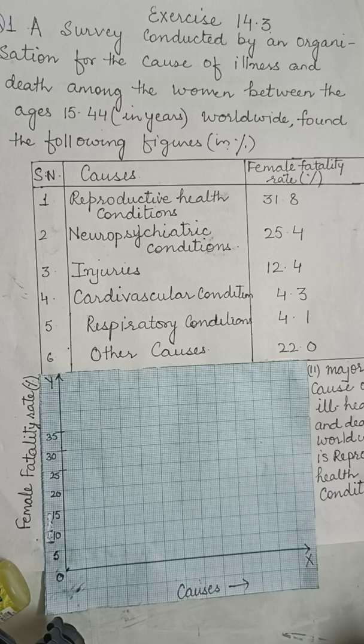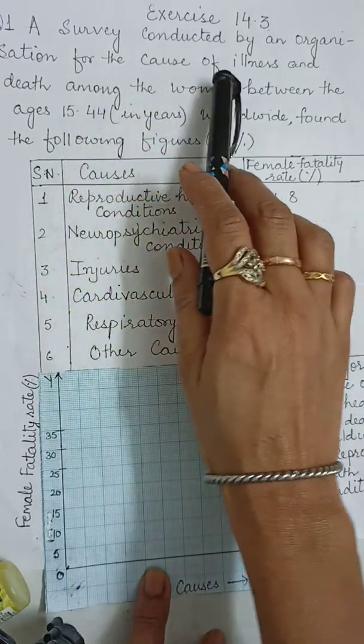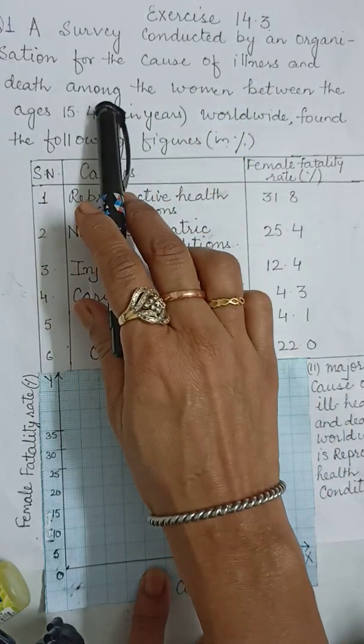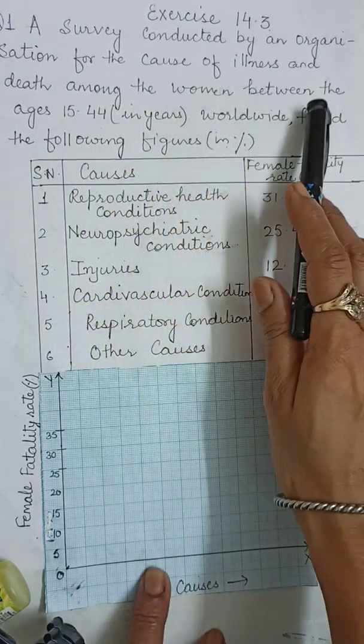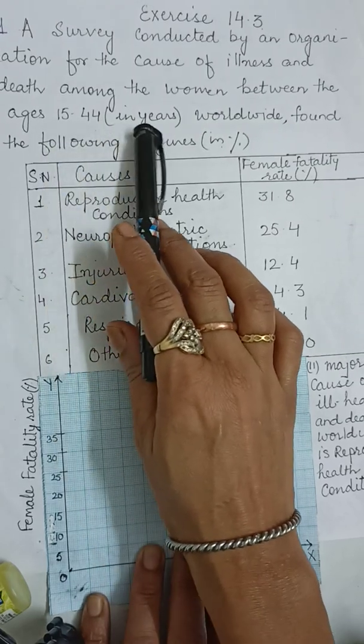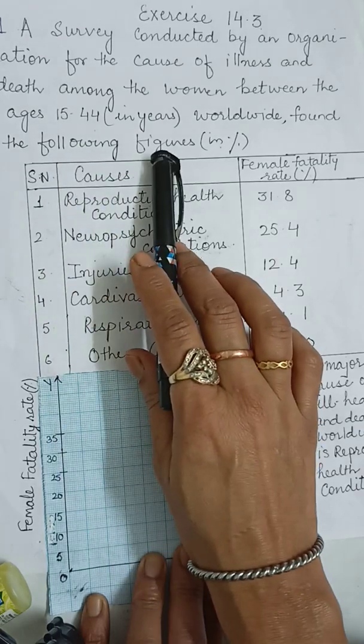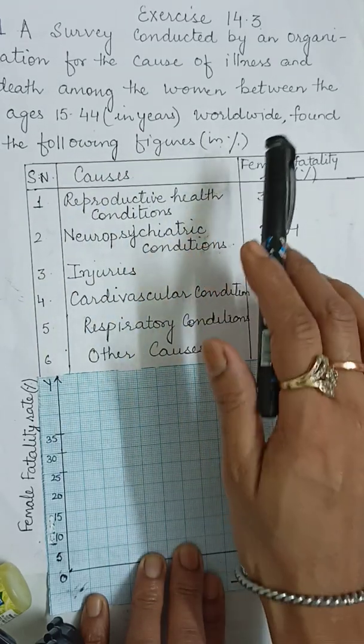So the first question in exercise 14.3: a survey conducted by an organization for the cause of illness and death among women between the ages of 15 to 44 years worldwide found the following figures in percent.